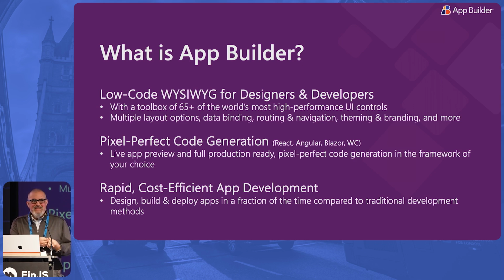The key thing that we like to say for App Builder versus other low-code tools is that we generate production-ready code. Everything that you see will generate Angular, Blazor, React, or web component code, and just deploys to GitHub, and that frees you from vendor lock-in because anything you design just ends up being hosted as source code.